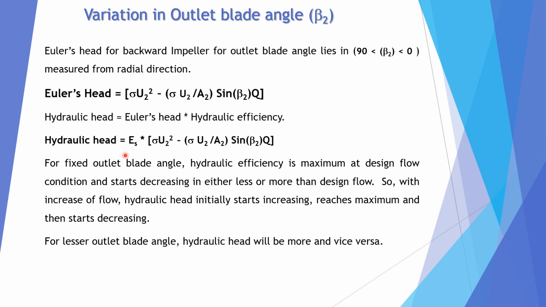So hydraulic head is equal to eta h into bracket start sigma U2 square minus sigma U2 upon A2 into sine beta 2 into Q. For a fixed outlet blade angle, hydraulic efficiency is a maximum at the design flow condition and it starts decreasing either below or above design flow. So with increase of flow, hydraulic head initially starts increasing, reaches a maximum and then starts decreasing. For lesser outlet blade angle, hydraulic head will be more and vice versa.